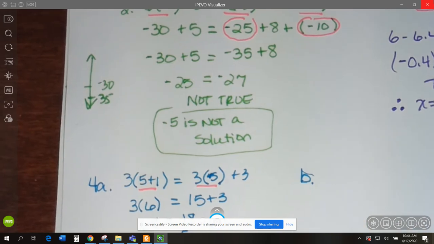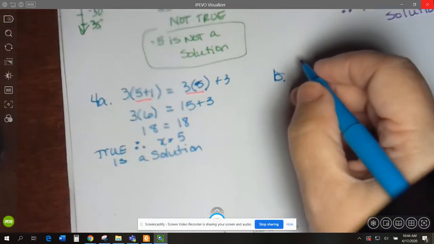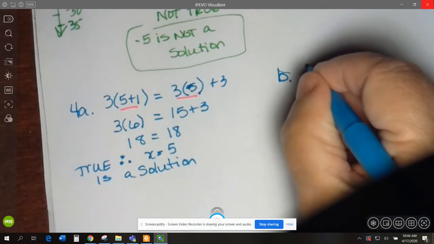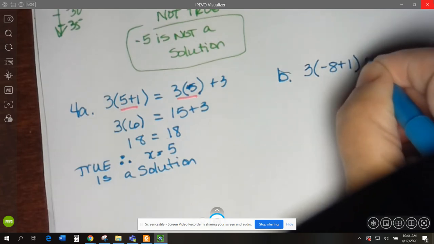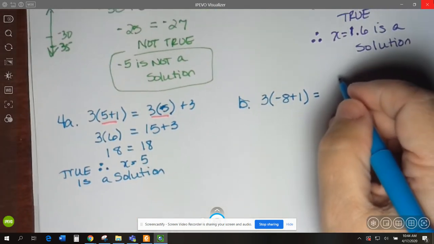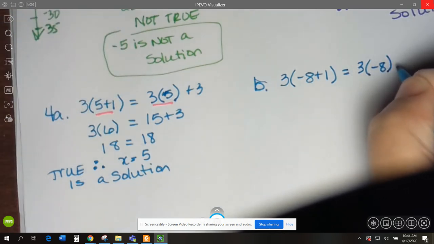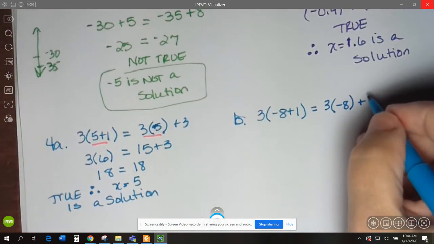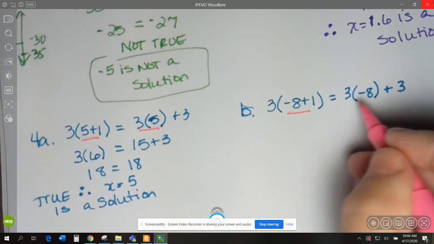So now we got to substitute -8. So we're going to have 3 times -8 plus 1 equals 3 times -8 plus 3. Once again, order of operations.